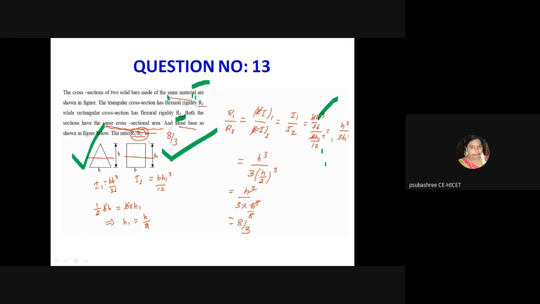Then you will get the final H cube divided by 3 into (H by 2) the whole cube. Finally you will get 8 divided by 3. So the ratio R1 divided by R2 is 8 divided by 3.